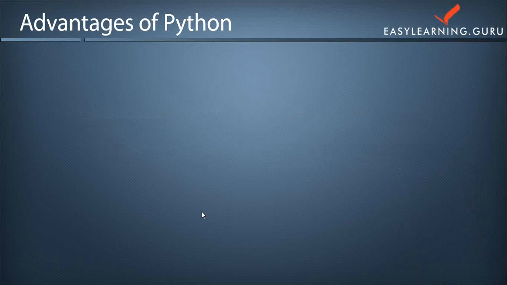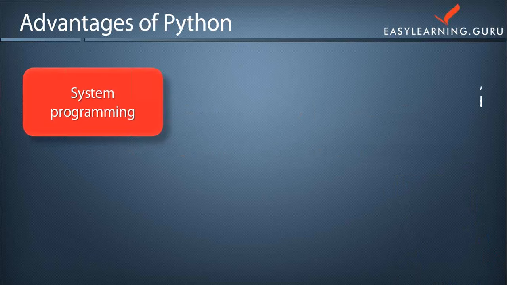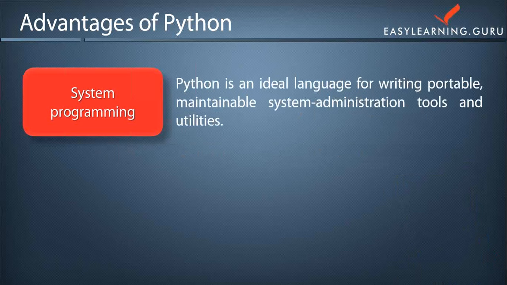The very first advantage that Python provides is system programming. Now, Python is an ideal language for writing portable, maintainable system administration tools and utilities. You can say that Python can be used for system programming since it is an ideal language for writing portable utilities, and Python programs can search files and directories, launch other programs, and do parallel processing with processes and threads altogether.